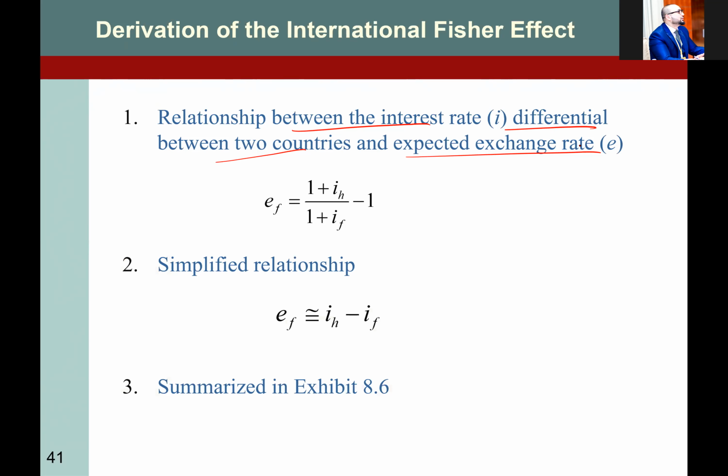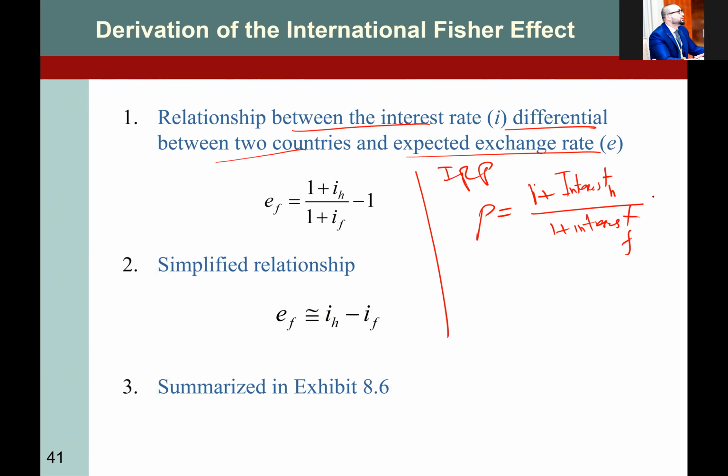So remember, according to IRP, the premium on forward is equal to 1 plus interest in home divided by 1 plus interest in foreign, minus 1.